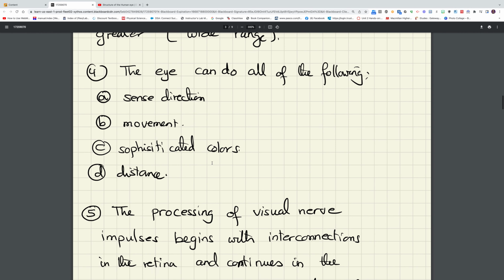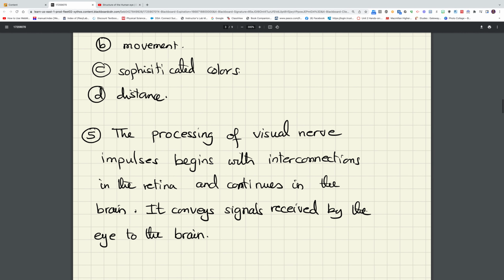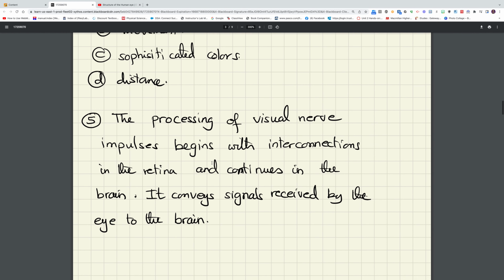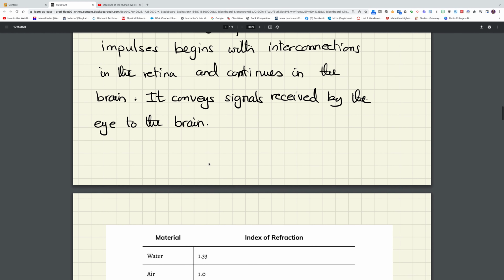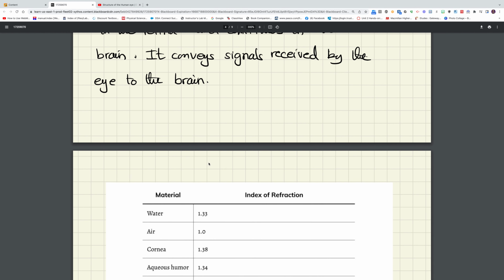Now, the process of visual nerve impulses begins with the interconnections in the retina, and it will continue in the brain, conveying the signal received by the eye to the brain, and the brain is going to flip the image again, because the initial image formed on the retina is upside down, inverted, and then we're going to have this inverted again.